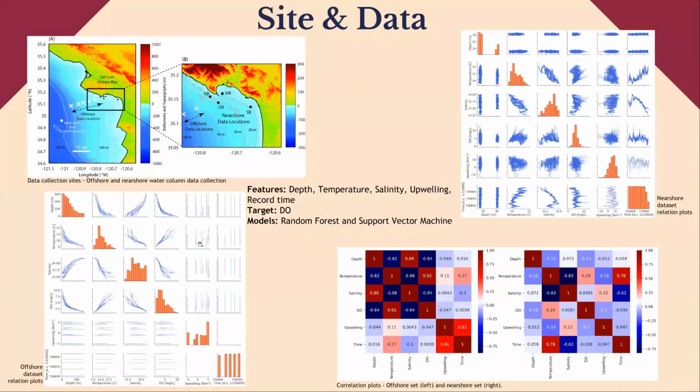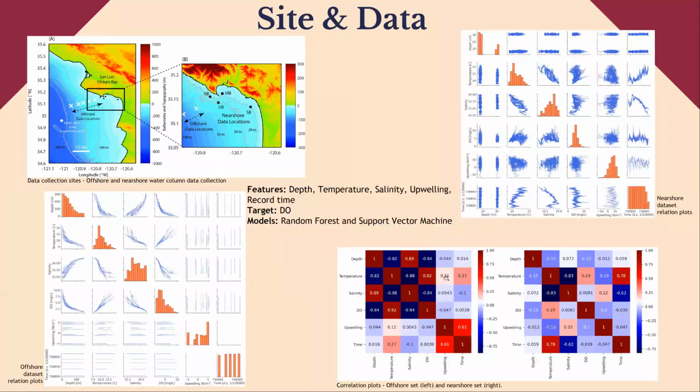So we have found data from the San Luis Obispo Bay, and we have two sets of data. One is offshore, here seen, and the other one is nearshore. The difference between them is that the offshore is still somewhat linear in the relationships, while the nearshore is very diffuse and highly nonlinear.